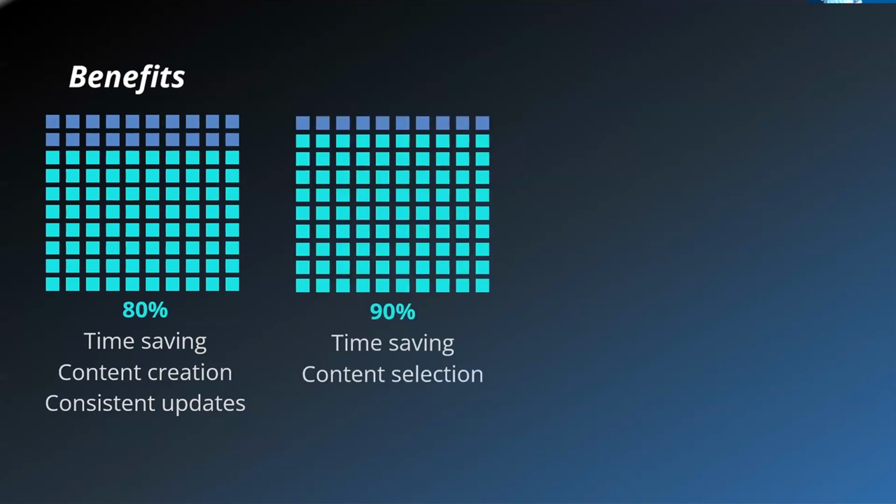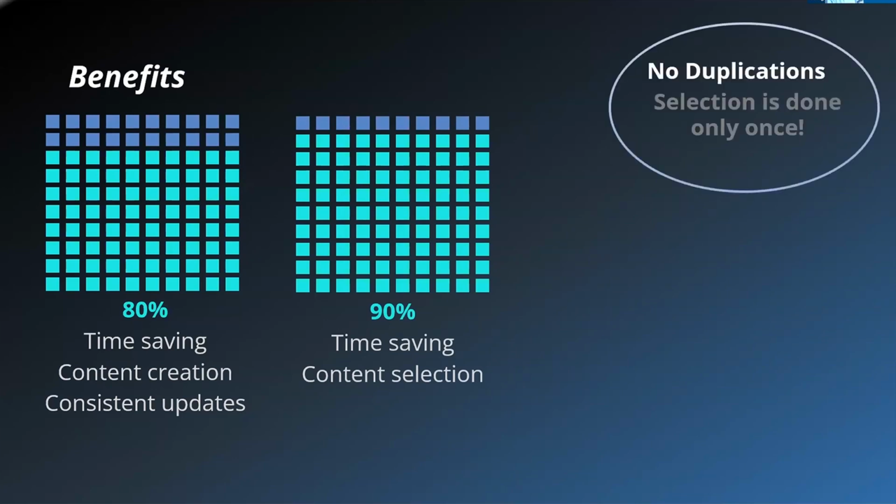A 90% saving in content selection. So rather than having to go through and delete content, you can imagine how it was done in the past with massive Word documents and someone going through and saying, oh, I don't need that. So they take part of this out. And then, oh, I've taken the wrong piece out. So going back and trying to fix everything.